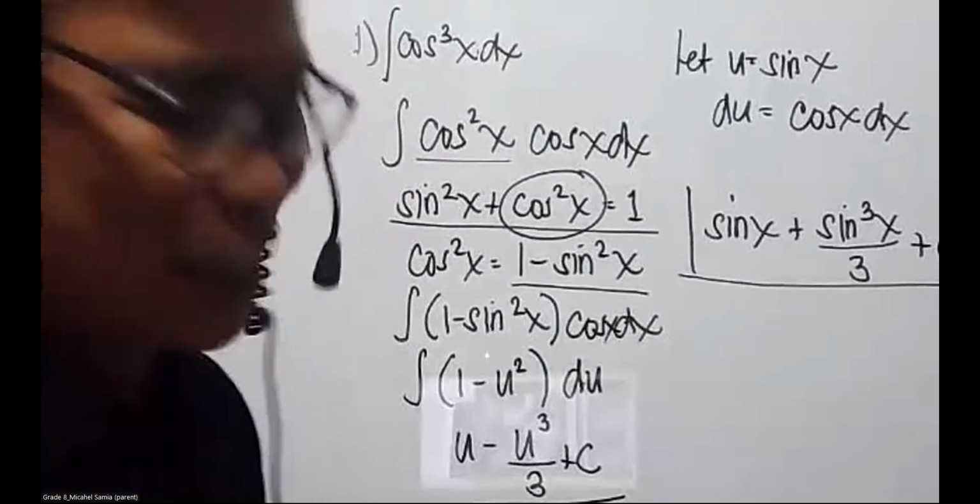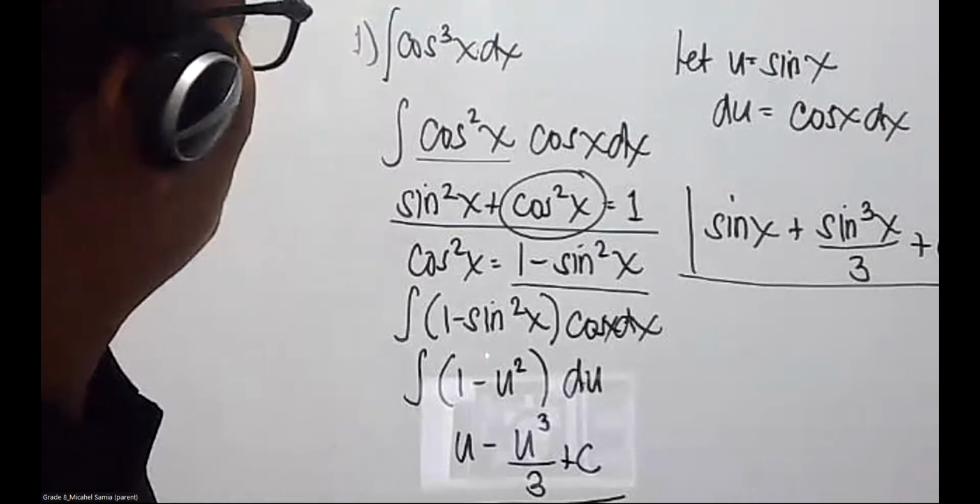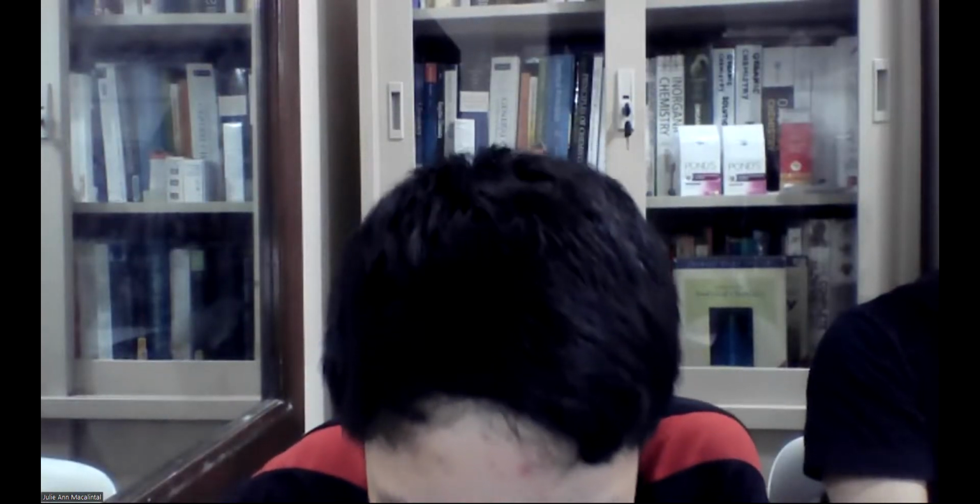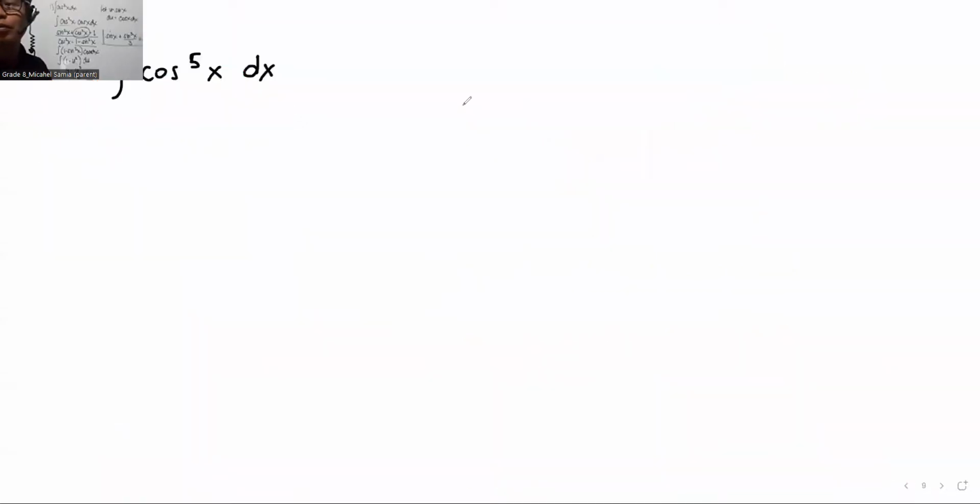Okay, so try to solve the other problem. Just follow the method I used. Separate the cosine 5x.